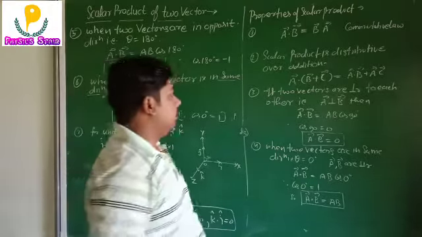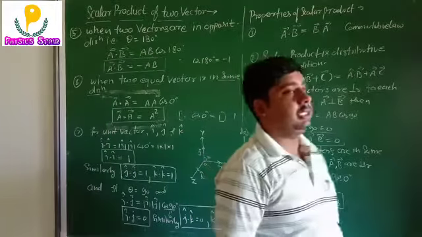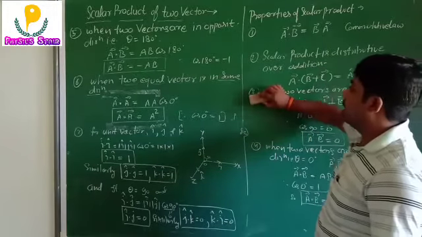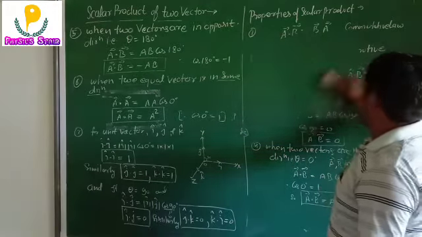Now if the vectors and their magnitudes are given, how do we find the angle between the two vectors?